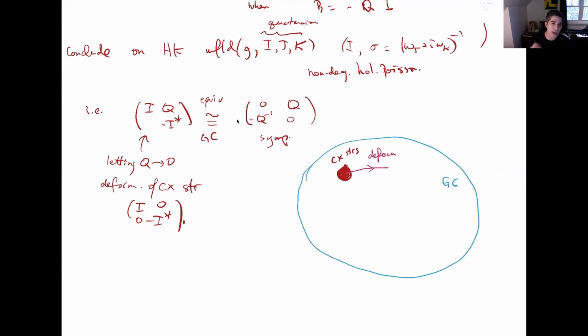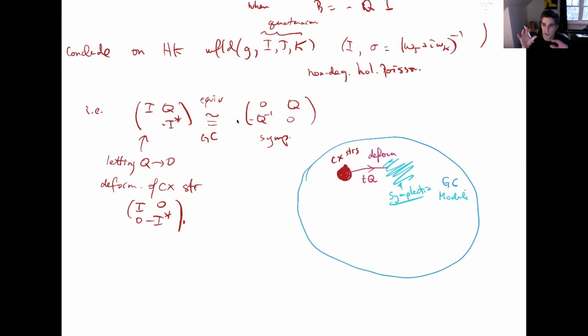In other words, you can create a path, let's say by letting Q go to tQ. Right, so if we let t be some complex number or real number, we can turn on Q. We can travel away from the complex locus in the moduli space. And we can end up in some locus where it's of symplectic type.